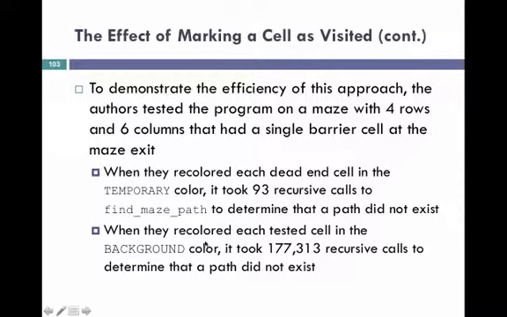But when they recolored each tested cell to the background color, so that we didn't detect early that this had previously been a dead end, then we took 177,313 recursive calls to determine that a path didn't exist. So it significantly increased the cost.